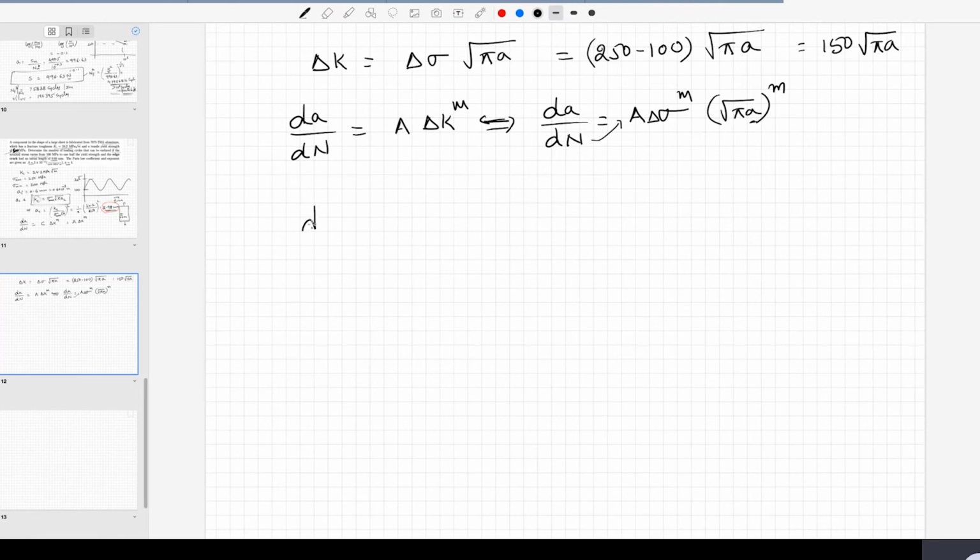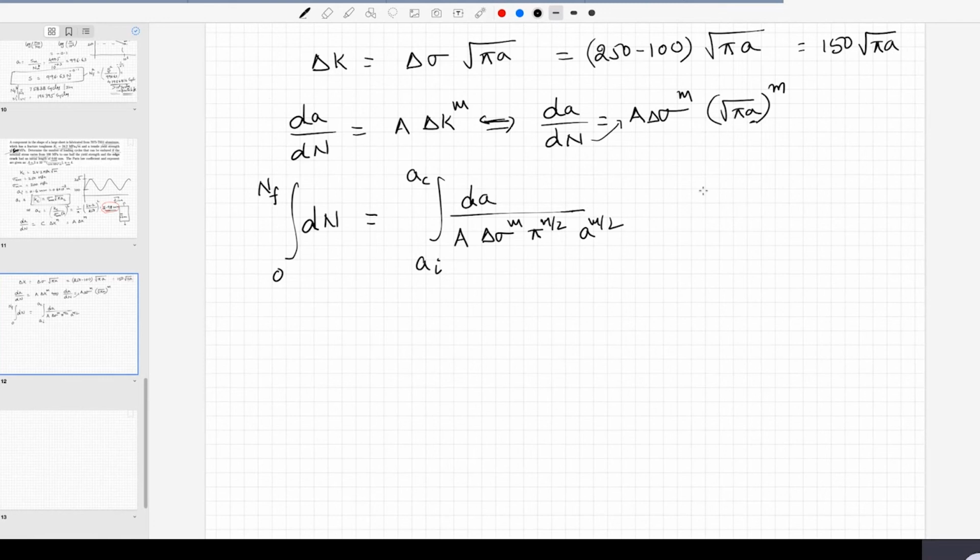So I am writing dN integral 0 to number of cycles to failure is equal to integral initial crack length to the critical crack length, dA divided by C or A, delta sigma power M, pi power M by 2, times A power M by 2.